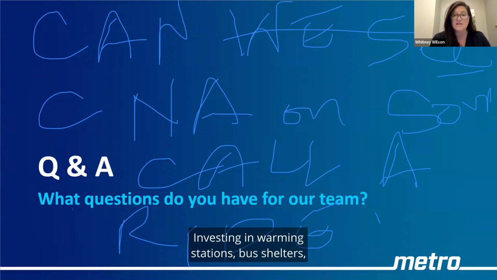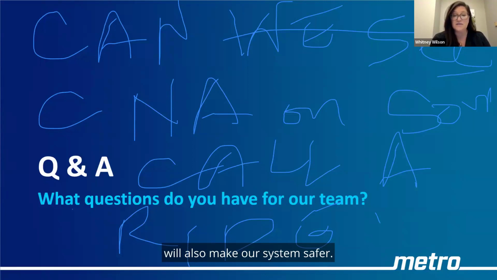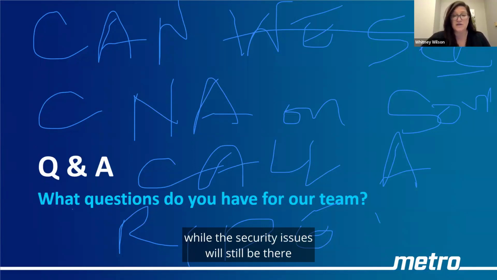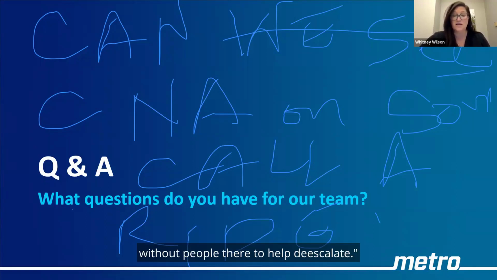Investing in warming stations, bus shelters, and benches on the bus system will also make our system safer. Walls and fences will only make it harder to access transit, while the security issues will still be there without people there to help de-escalate. Kevin, do you want to answer that?